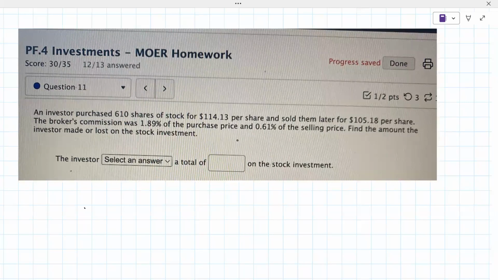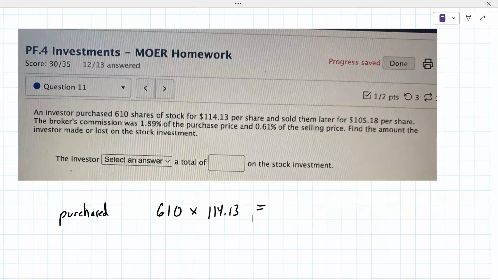So they purchased 610 times 114.13. We need to first get that number, which is a large number, 69,619.30.